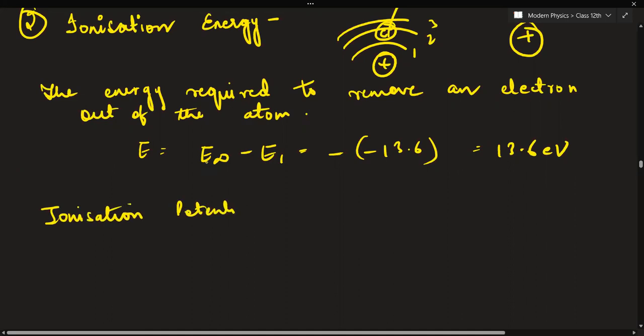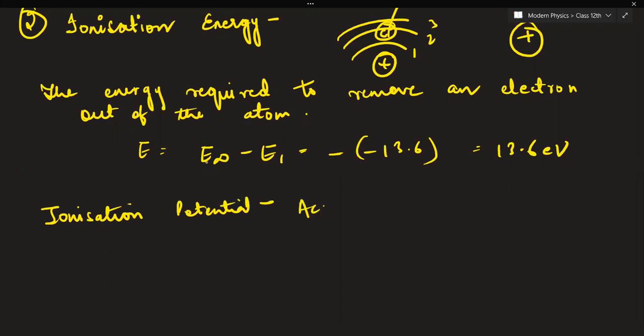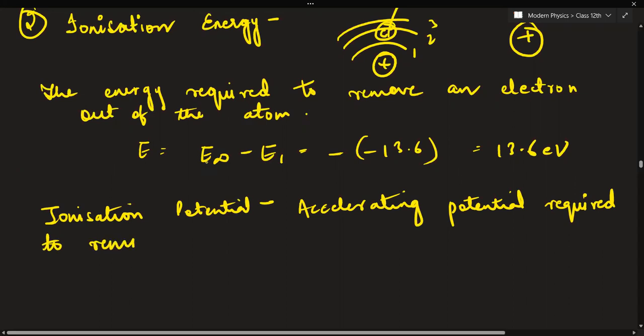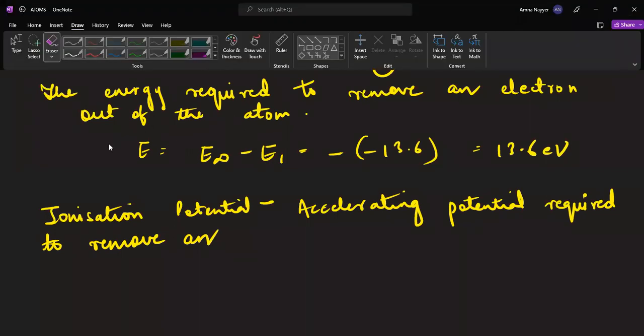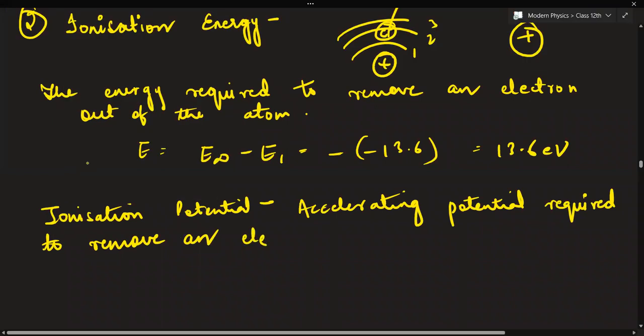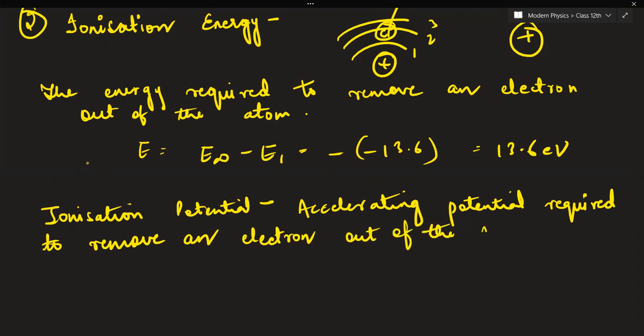Ionization potential is the accelerating potential required to remove an electron from the atom.